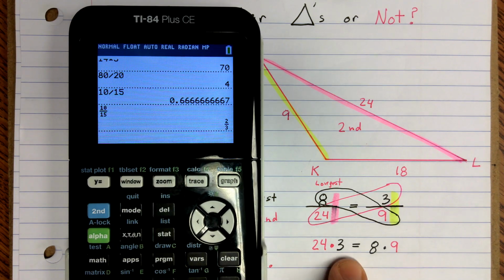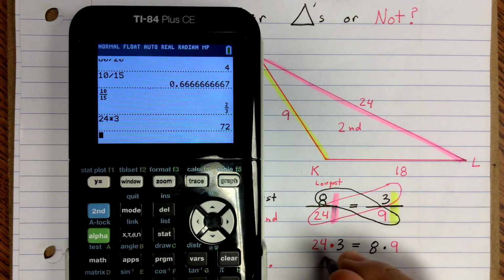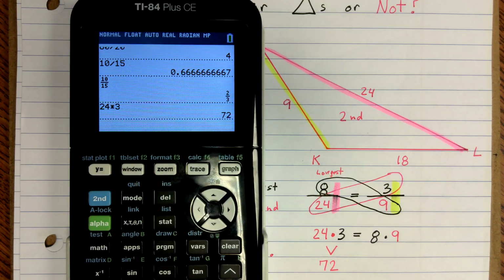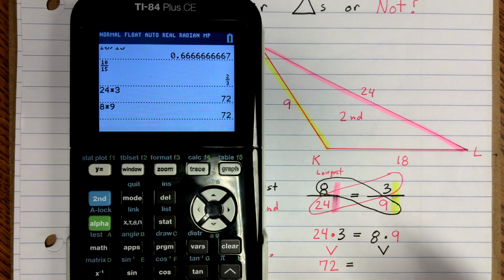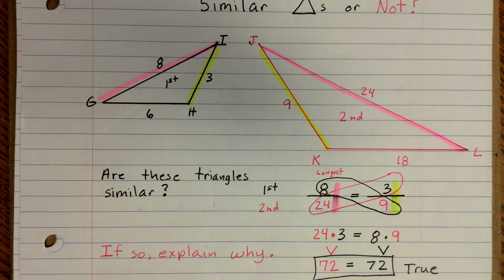And I'm going to do 24 times 3. And when I multiply that out, that gives me 72. And then I'm going to do 8 times 9. And notice that also gives me 72. Now notice this makes a true statement. 72 is equal to 72.